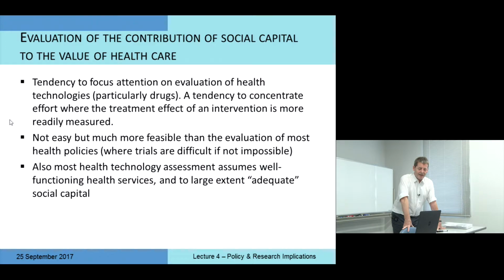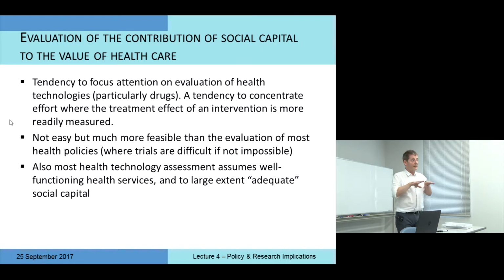And I think social capital is a bit like that. It's really quite difficult, for example, to imagine some sort of randomization process. Now, you sometimes may get what's called a natural experiment, where almost as an unintended consequence, you've got one group or one location exposed to a particular policy and another not.